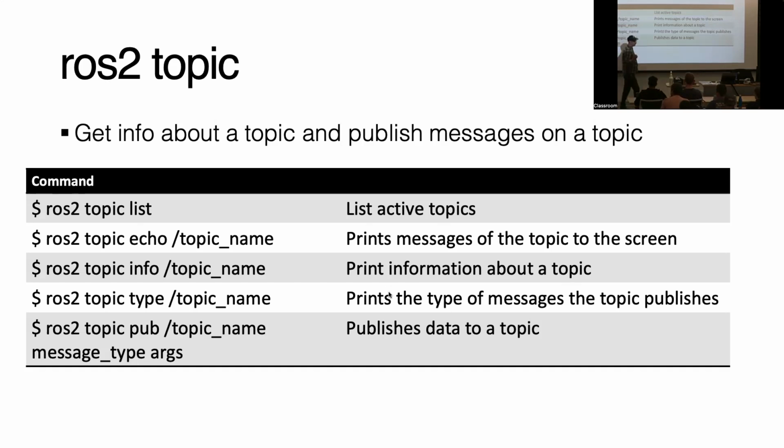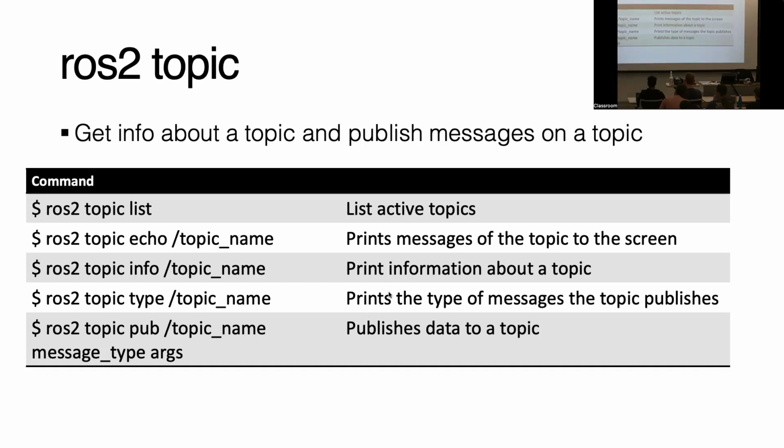You can print information about a topic. You can actually print the type of message that's on a topic. If you want to read the data off a topic but don't know what that data looks like, you can figure out what type of message is being published by doing ROS2 topic type. And then you can find out the definition of that message so that you know how to decode it in your code.